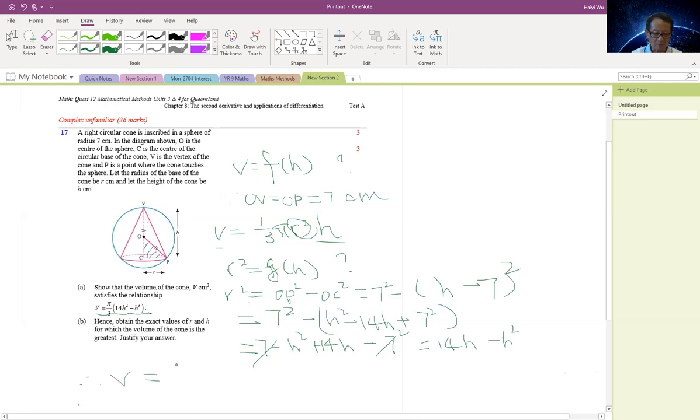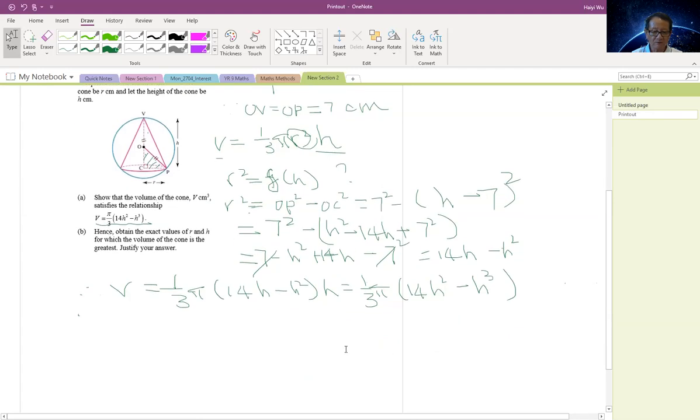V will be 1/3 of pi r squared, where r squared is 14h minus h squared, times h. Expanding brackets, there will be 14h squared minus h cubed. That's it. This is the formula we just proved for the relationship between volume and height.